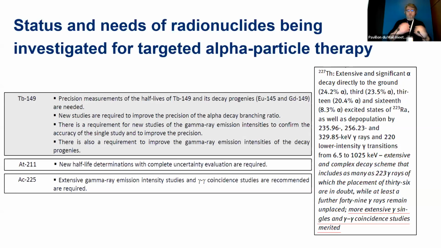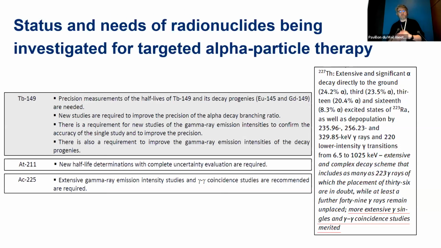We can talk about more gamma ray emission intensities for pretty much everything. For astatine, it looks good; we just need extra new half-life determinations. Actinium-225: there's been a lot of work on it, but I haven't seen new absolute gamma ray emission intensities coming out in the publications yet. I'm sure they are coming, but those are also needed right now.